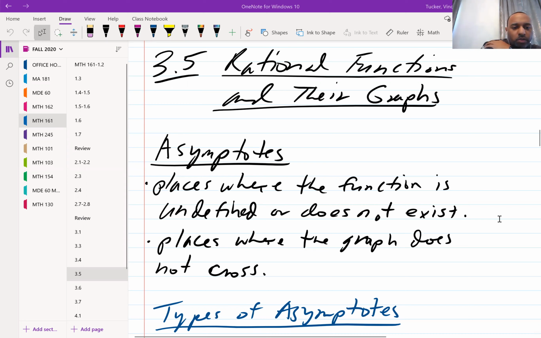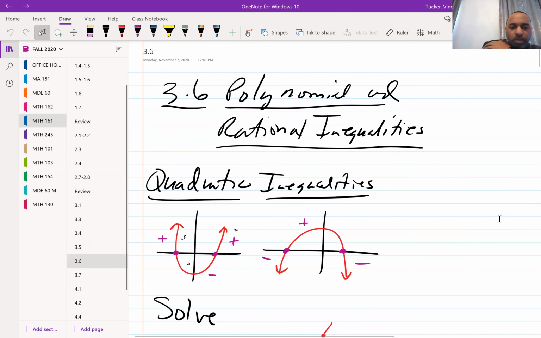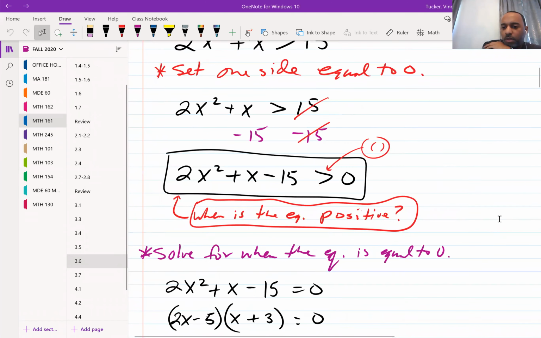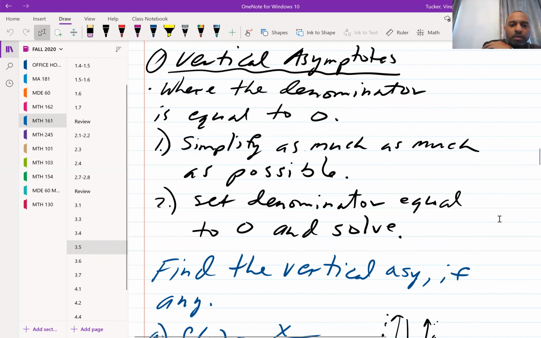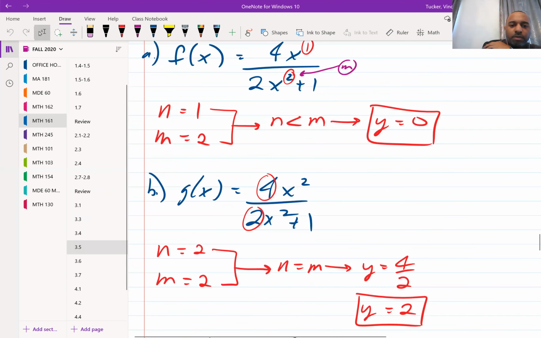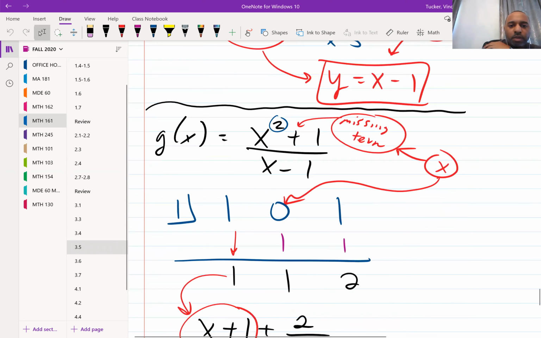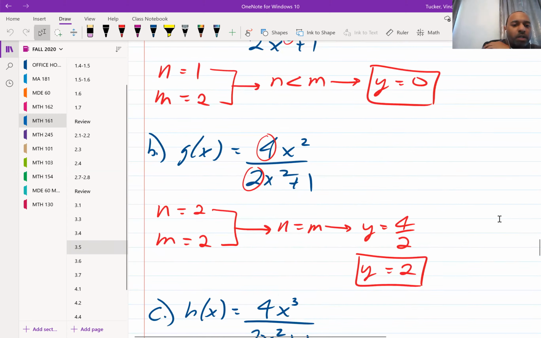All right. So looking at 3.6, 3.5. 3.5 is short enough. We can do 3.5.